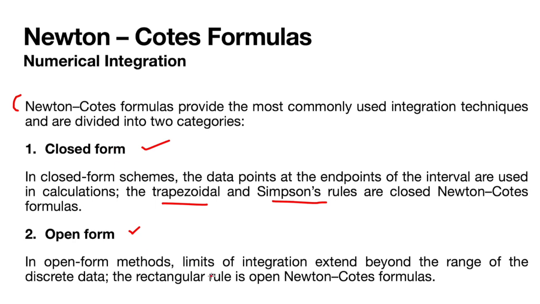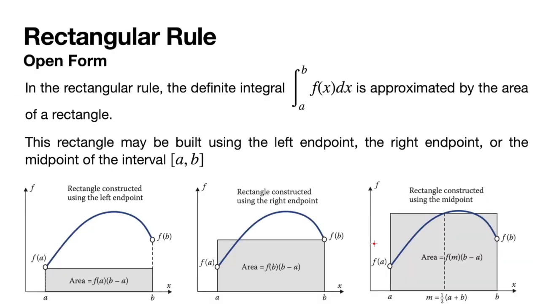The open form is where the limits of integration extend beyond the range of the discrete data points. The rectangular rule and the Newton-Cotes formulas are based on the open form. We will study the open form first, and then the closed form, which is the trapezoidal and Simpson's rule.